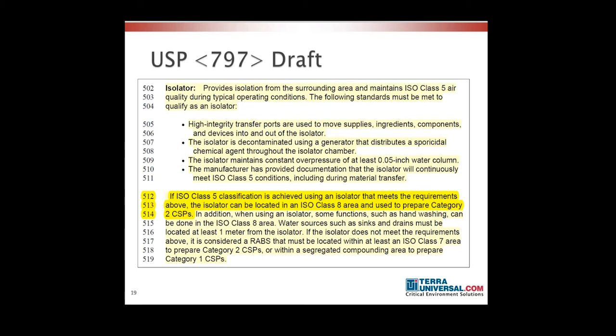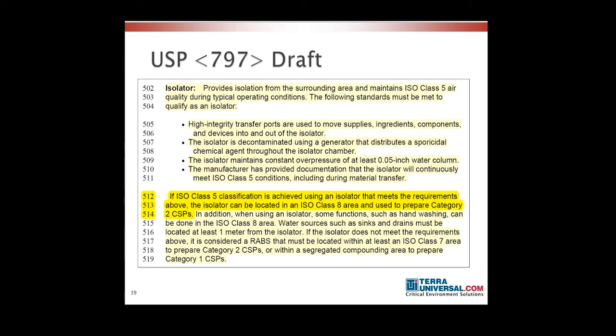Now, you may be thinking, an ISO 8 cleanroom, that doesn't really jibe with the spirit of the regulations, and that's true. We recommend that in this instance, you install your ISO 5 isolator within an ISO 7 buffer room with an adjacent ISO 8 gowning and staging room.